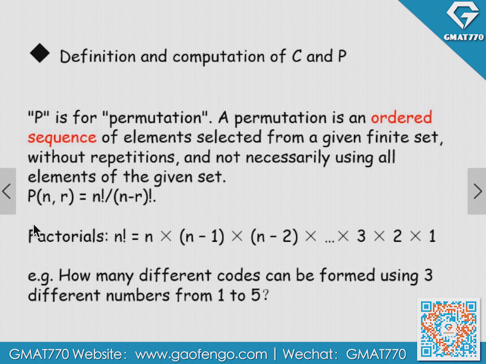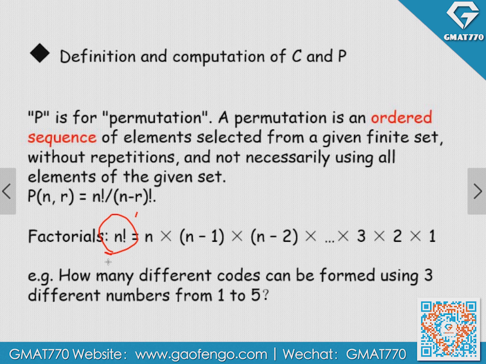So the computation of P(n, r) is equal to the factorial of n divided by the factorial of n minus r. So here is how you compute the factorial of n. Well, the factorial of n is the multiplication of all the positive integers from 1 to n.